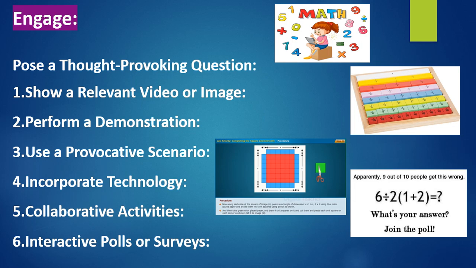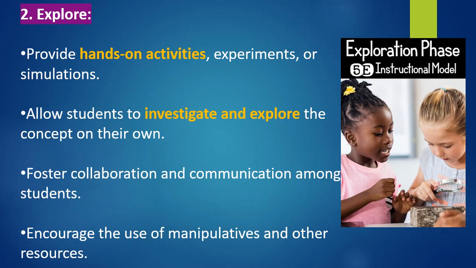Afterward, we incorporate technology whenever it is necessary. Before starting the chapter, we can also give them some activity so that students are engaged and find out some fruitful knowledge. With the help of polls and surveys also, we can start the engage procedure at the beginning of the class.